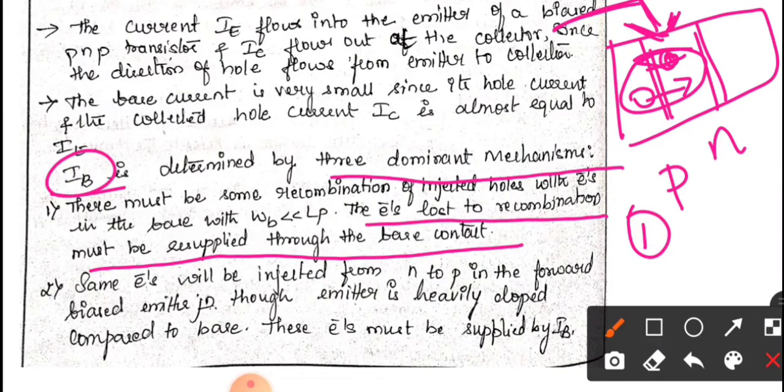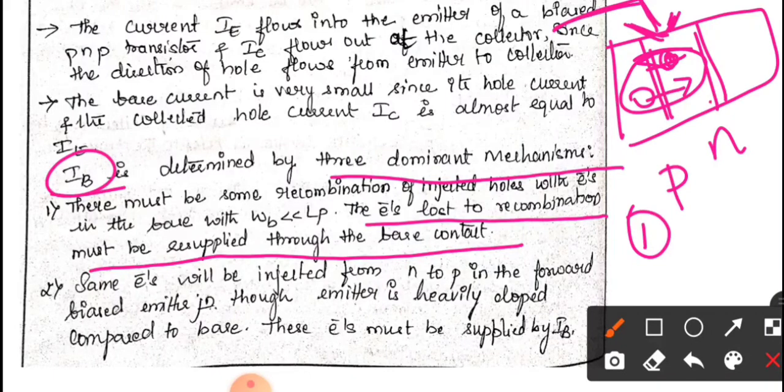Second, some electrons will be injected from N to P in the forward biased emitter junction, even though the emitter is heavily doped compared to the base.